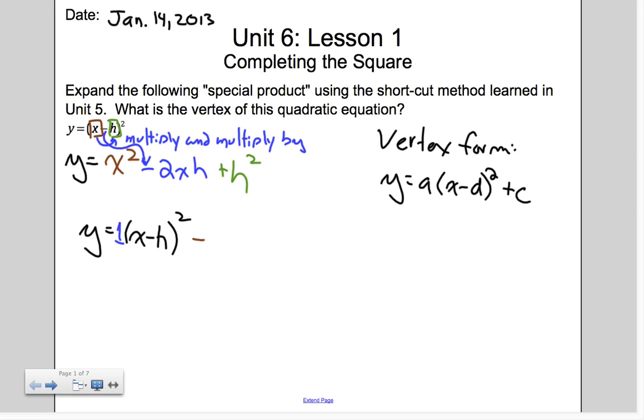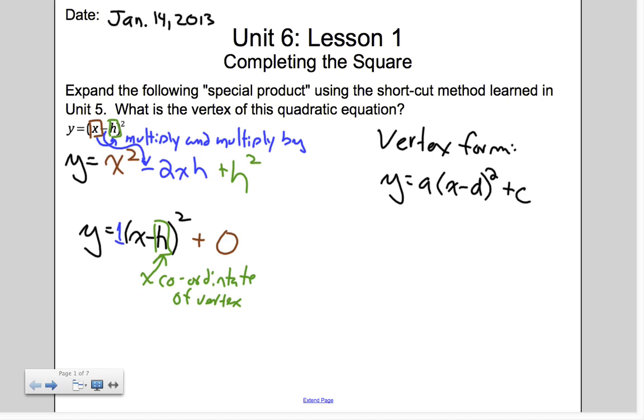And here, I could just add 0 to this equation. Can I add 0 to the equation and still keep it true? It doesn't change it whatsoever. So what happens is, this is now our x coordinate of the vertex.